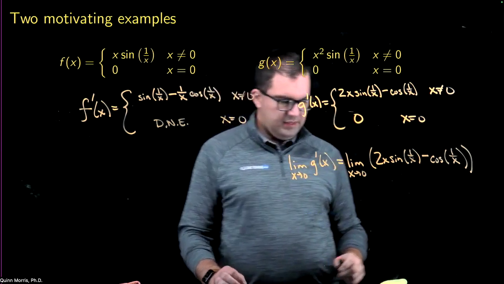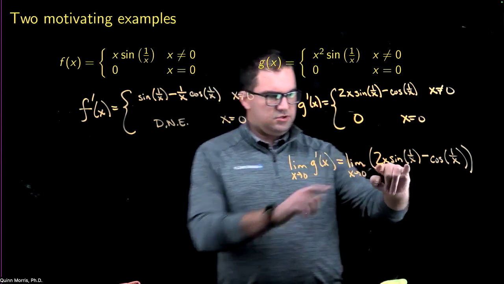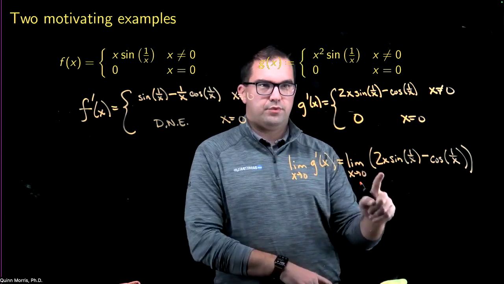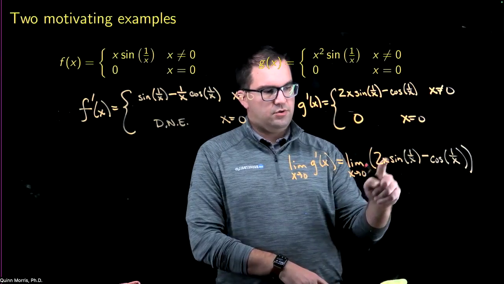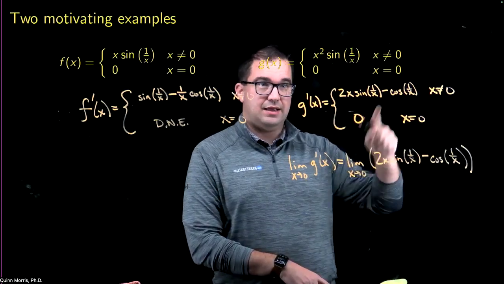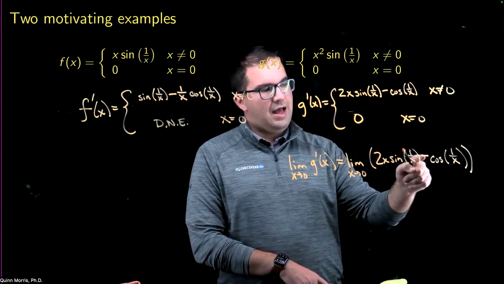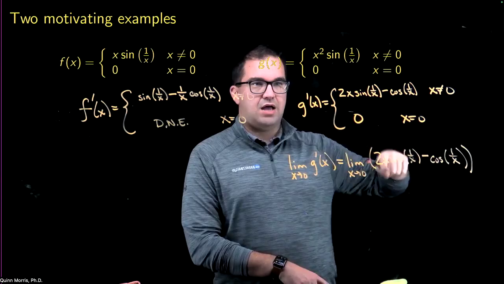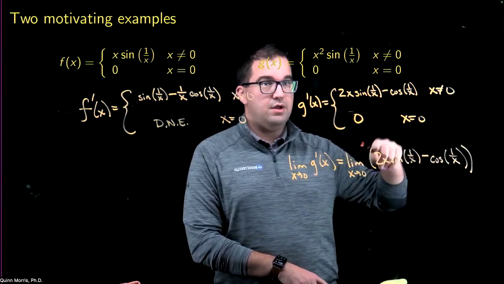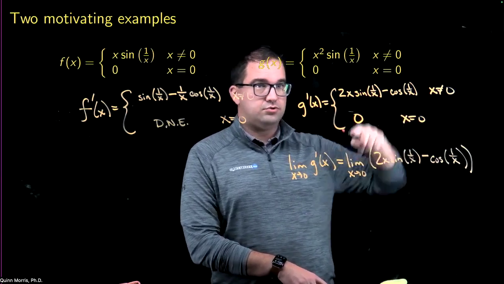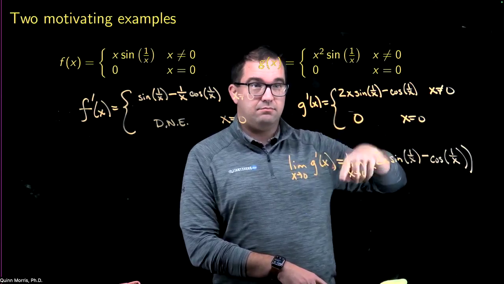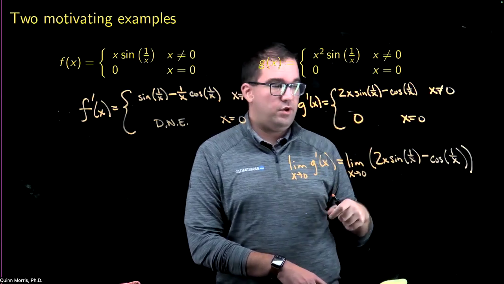Now, if I look at this, this term is going to 0, right? So x is going to 0. Sine of 1 over x is oscillating, but it's bounded. So this term is going to 0. However, this term over here is oscillating. There's nothing driving it to 0. In fact, as x is getting closer and closer to 0, it's oscillating more and more rapidly between -1 and 1.